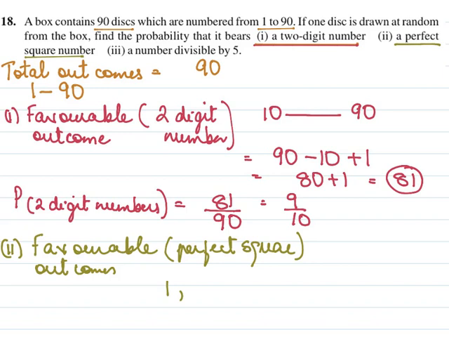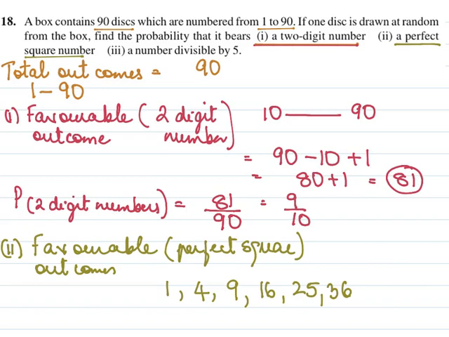2, no. Then we have 2 square, that is 4. Then we have 3 square, and that is 9. Then we have 4 square, that is 16. Then 5 square, that is 25. 6 square, that is 36.